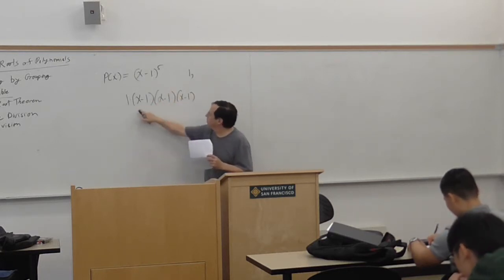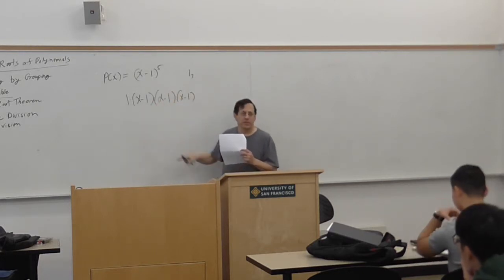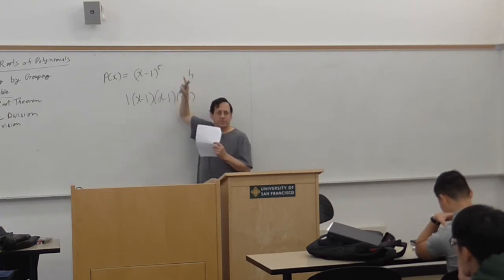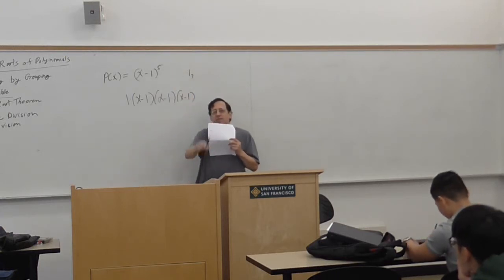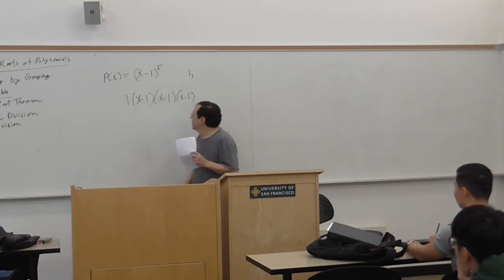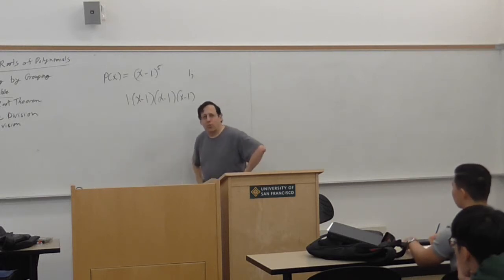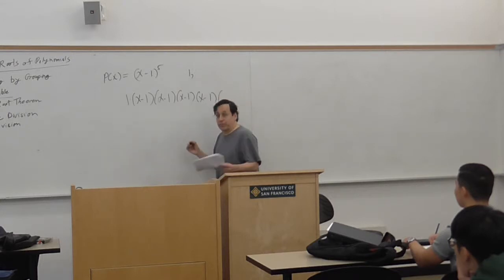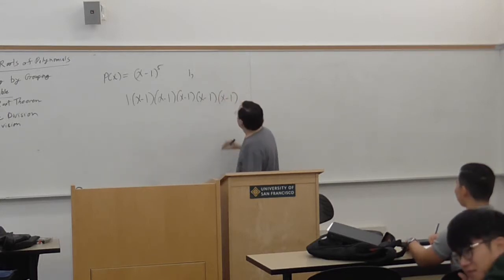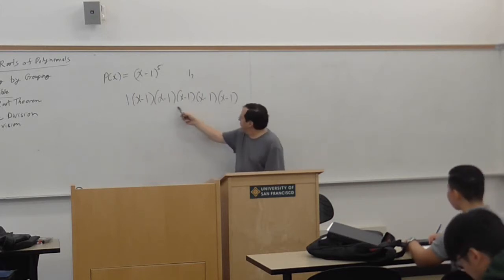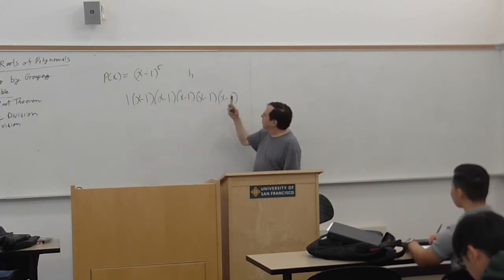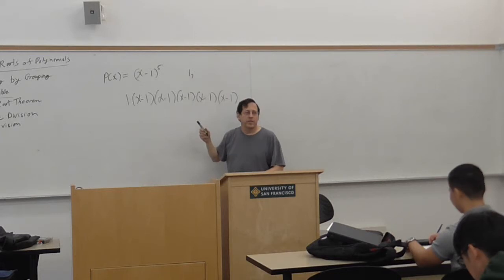I got 3 factors. Okay, it's a 5. Right. Yes? 2 more, x minus 1? I only asked for 1 more, but all right. You ruined it for somebody. Yeah, these are the factors. All the roots are 1, right?